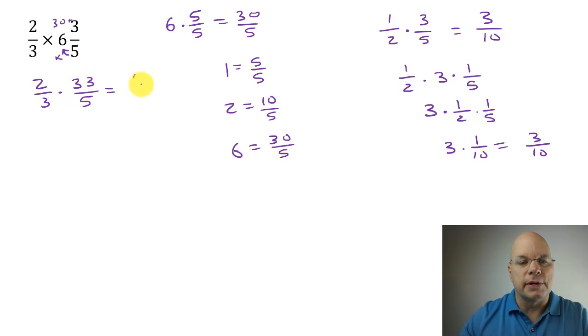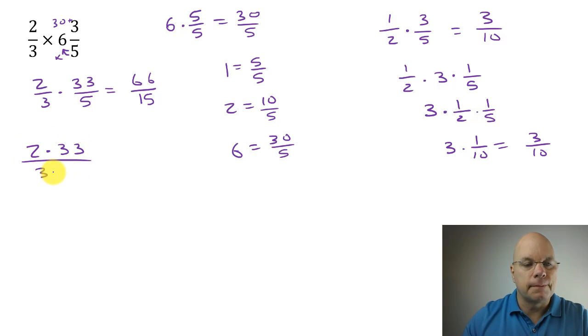2 multiplied by 33 is 66. 3 multiplied by 5 is 15. But what I could have done is, since we're just going to multiply, you can always expand or look for factors. 33 is 3 multiplied by 11.